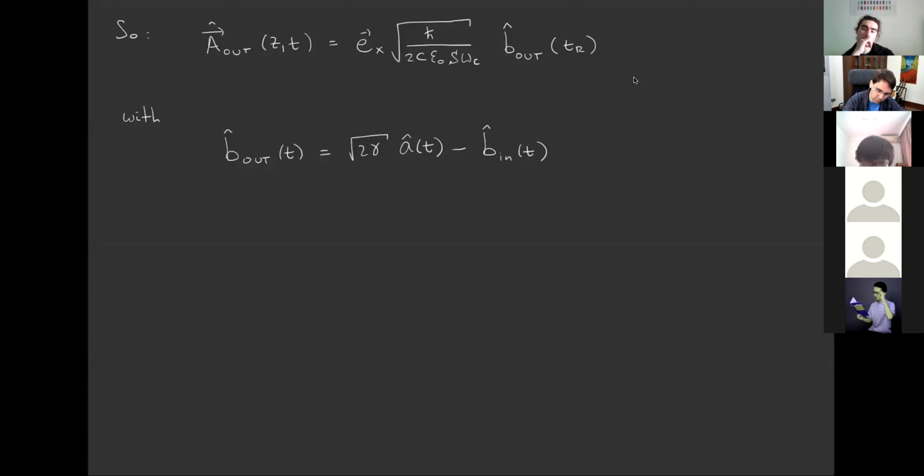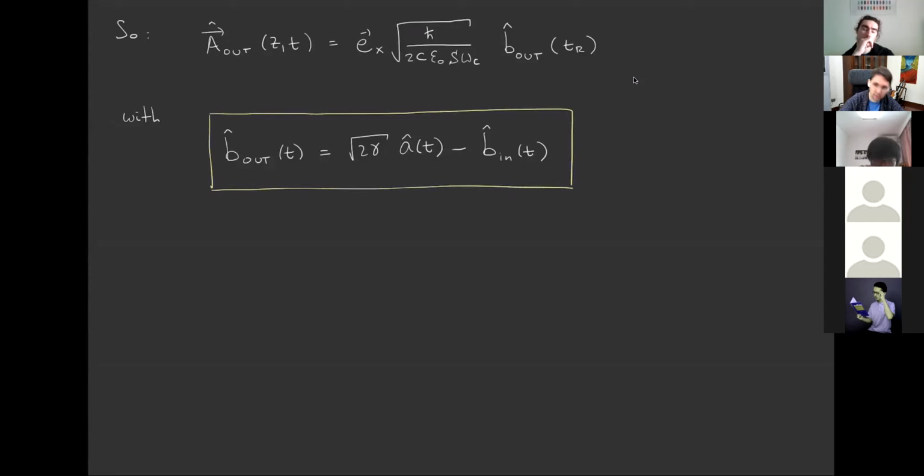And this is what we call the input-output relations. So it sounds very fancy. We have done a quantum calculation that looks very cool and so on.